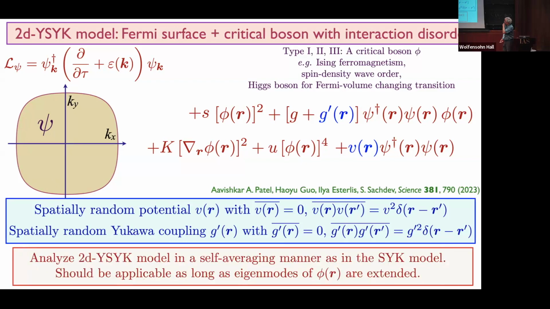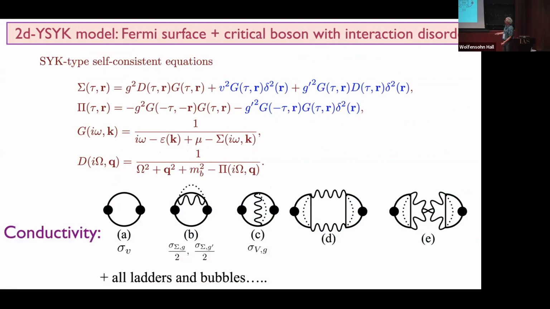You know, I'm out of time, right? I had these equations earlier for the clean problem, and now you can add the extra terms that come from the V disorder and G disorder, and now you just turn the crank and solve all of this.